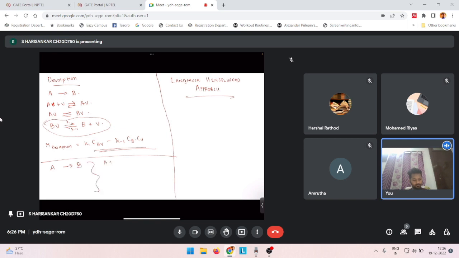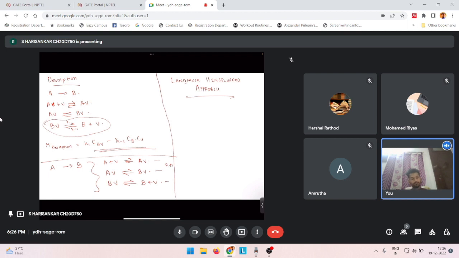Adsorption will be A plus V giving AV, then the reaction will be AV giving BV, and the desorption step will be BV reversibly giving B plus V. Based on different conditions and different questions, any one of these can be the rate determining step. So that is where we will be using this Langmuir-Hinshelwood approach.